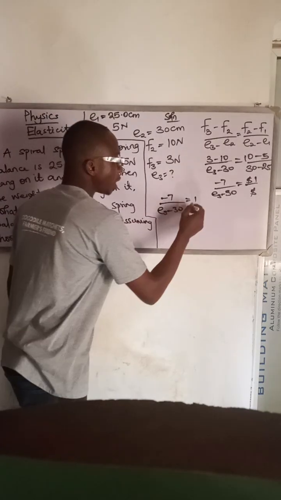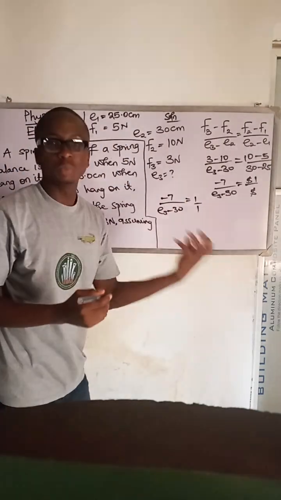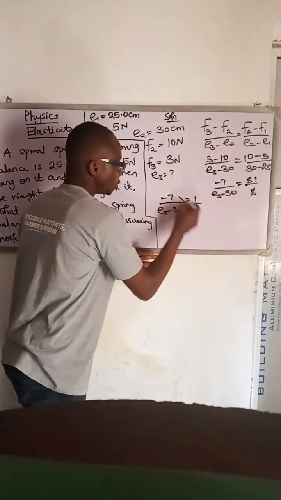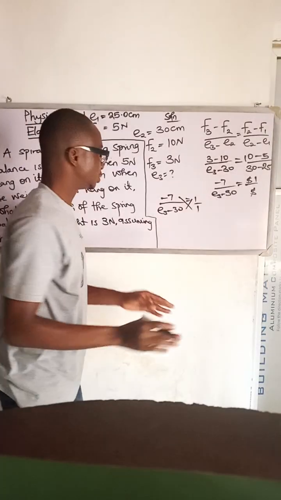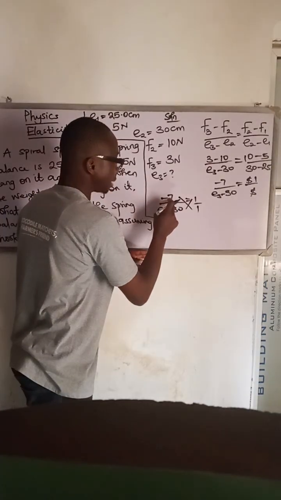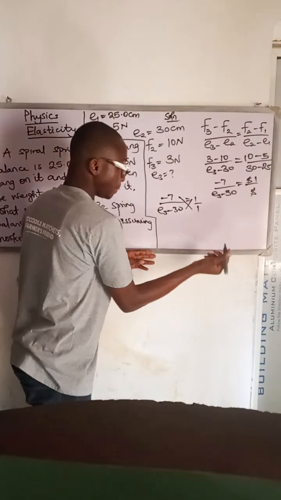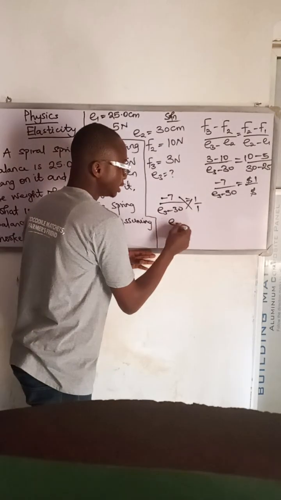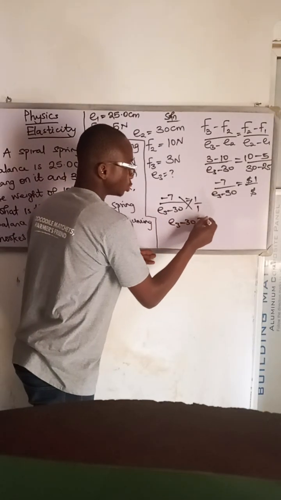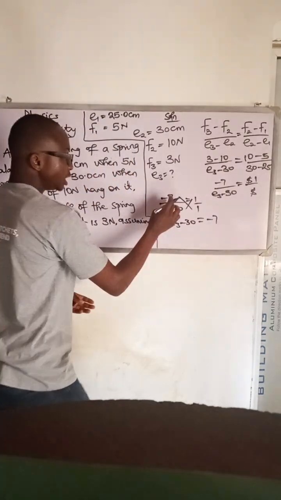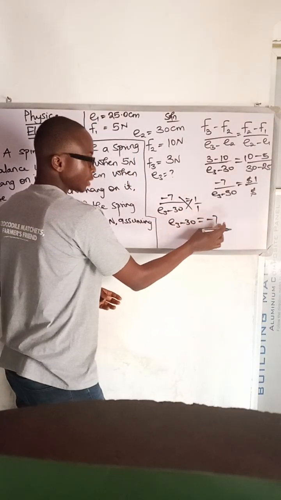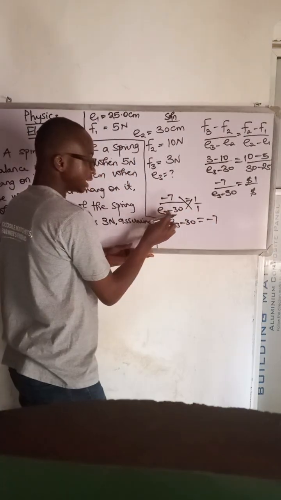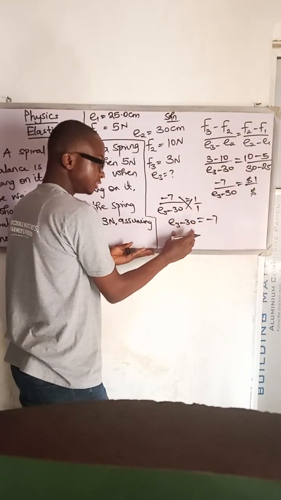Then we can make it 1 all over 1 so that it will be balanced. Then we can just cross multiply. 1 times minus 7 still gives you minus 7. 1 times E3 minus 30 still gives you E3 minus 30, is equal to minus 7.